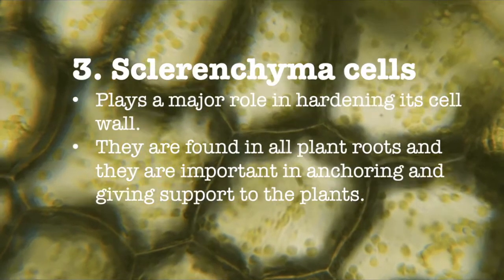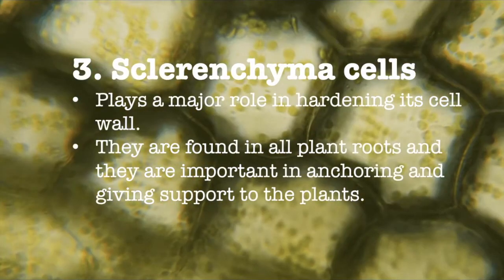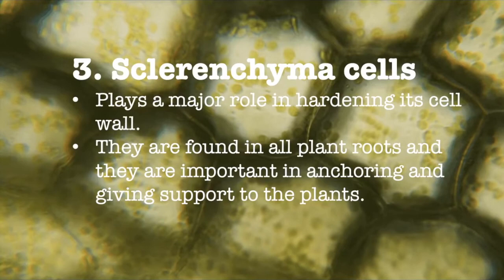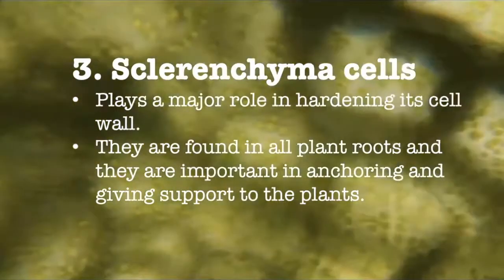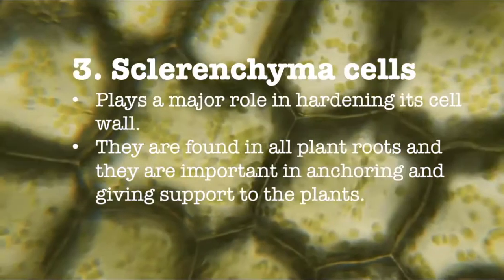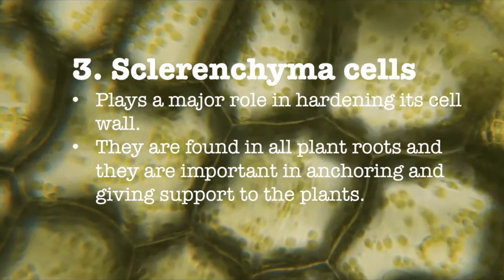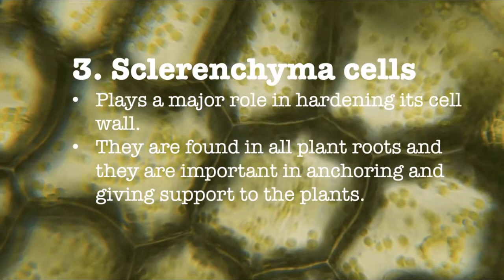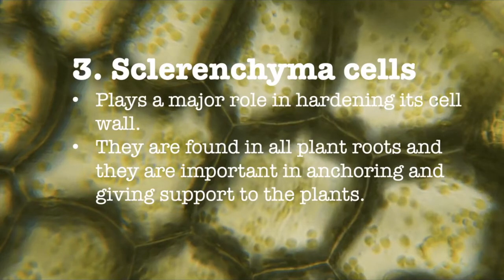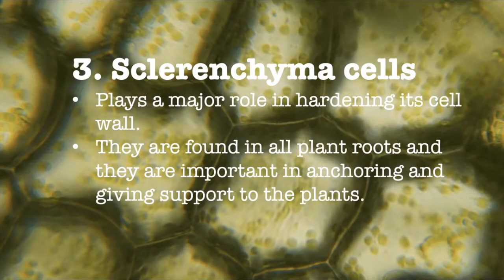These are mature parenchyma cells with a secondary cell wall over the primary cell wall. They are found in all plant roots, and they are important in anchoring and giving support to the plants.